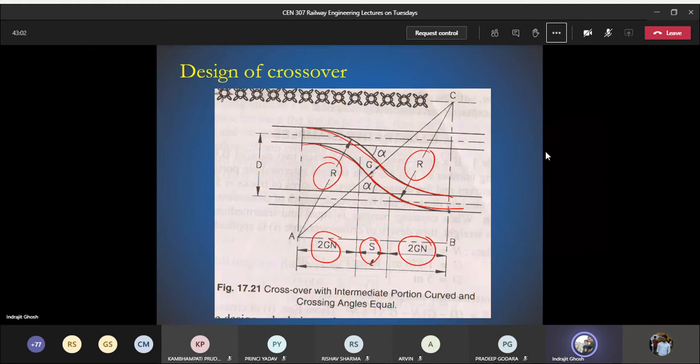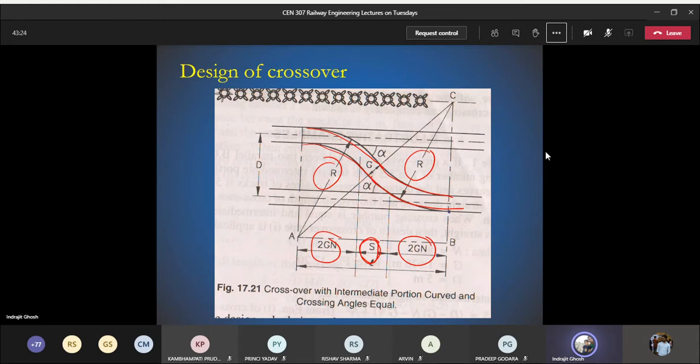So how to proceed? As I have solved the last problem where you have to measure the straight portion in between, you people will be helping me to solve this portion S. How we will be coming with the value of S?